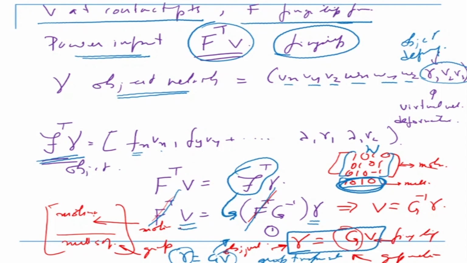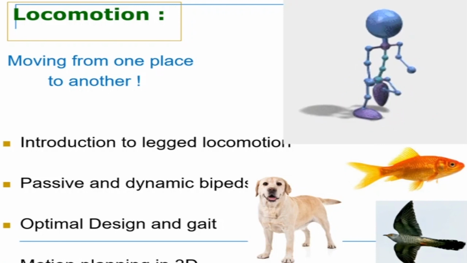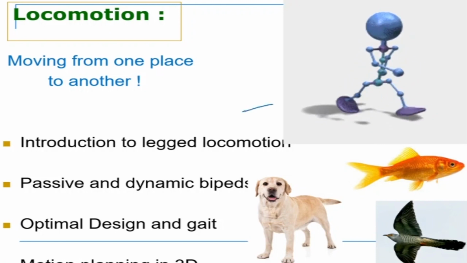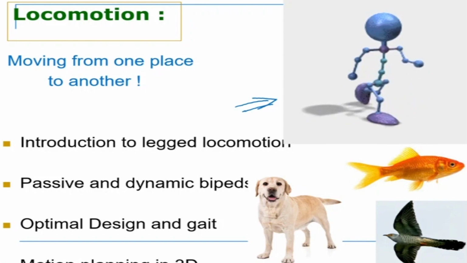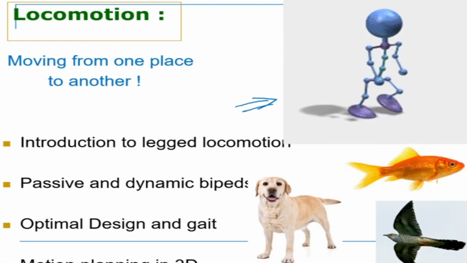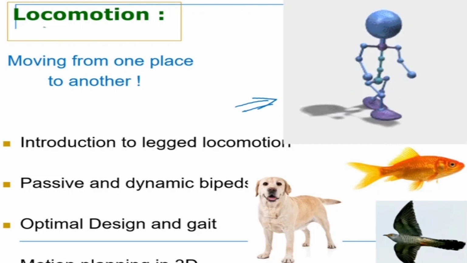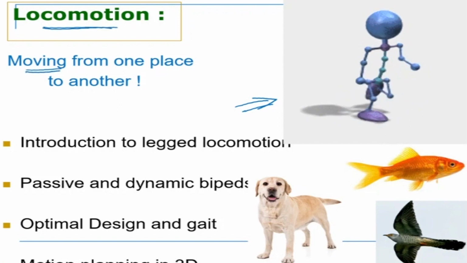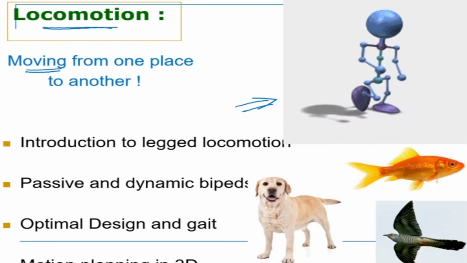Now let's proceed from here to the next topic, which is biped locomotion. Locomotion basically means going from one place to another place. As shown in this figure, this cartoon figure is walking, swinging its hands very happily, going from one place to another. There can be different ways by which you can move.